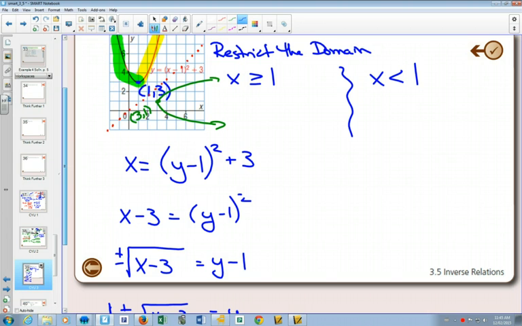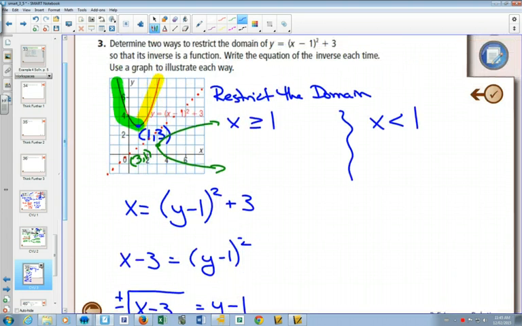Can you see from the graph? Whoops, it's not yellow. That'll be our yellow part, and this will be our green part. So that means our yellow part is when x is bigger than or equal to 1.